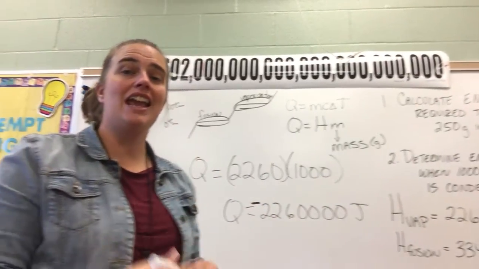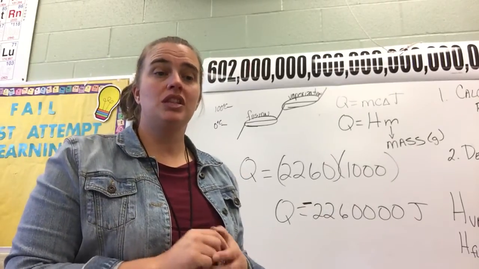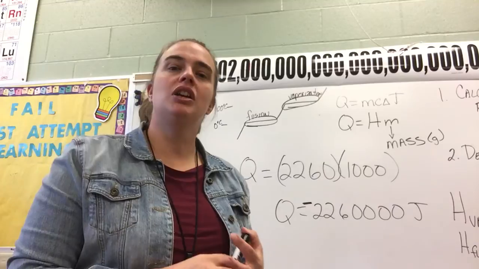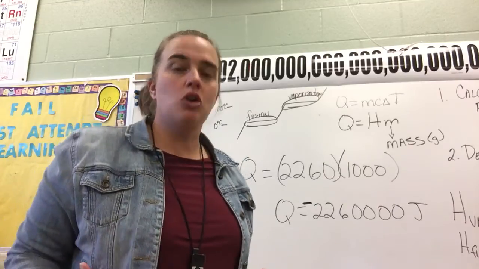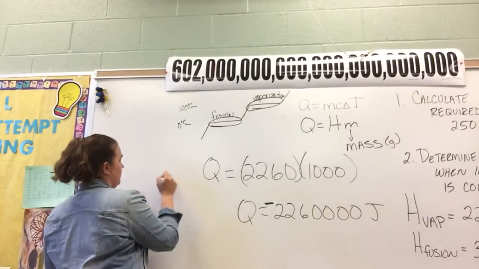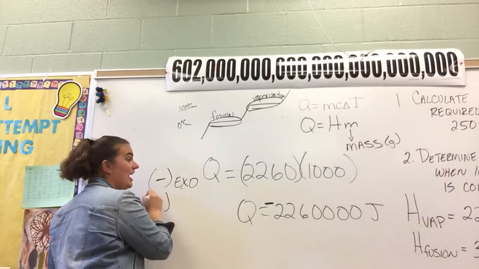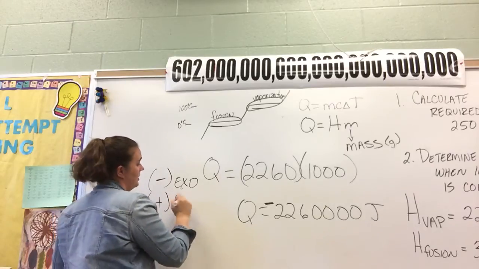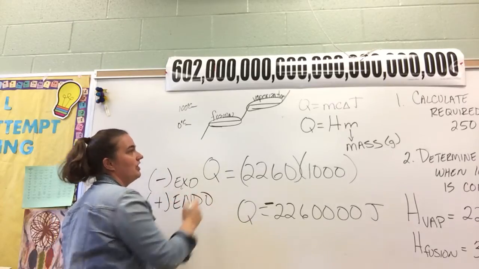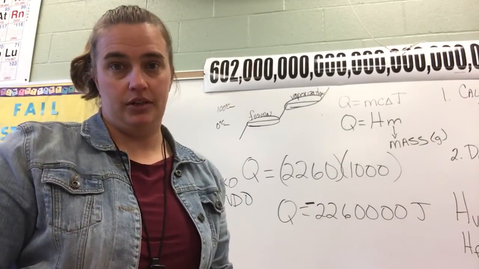So it's really negative that amount of energy. When you see that negative, it's cluing you in that you need to remove that much energy. Whenever you see a negative, that means it's exothermic. Whenever you see a positive Q value, that means it's endothermic, the amount of energy to put into that particular substance.